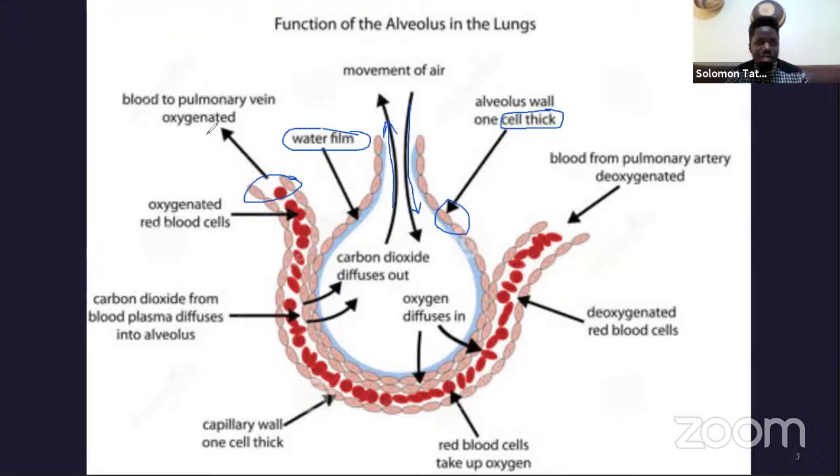For example, on this side we see blood in the pulmonary vein, which is oxygenated. Where does the pulmonary vein head to? Who knows?